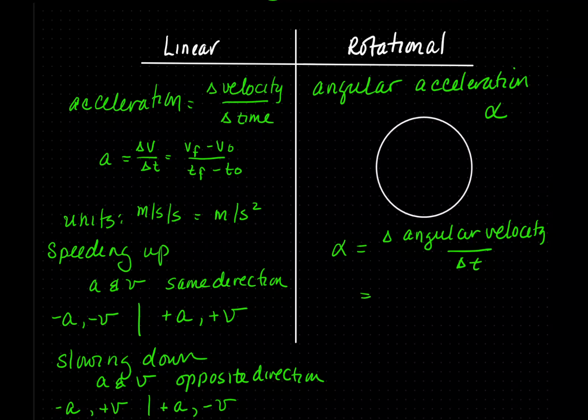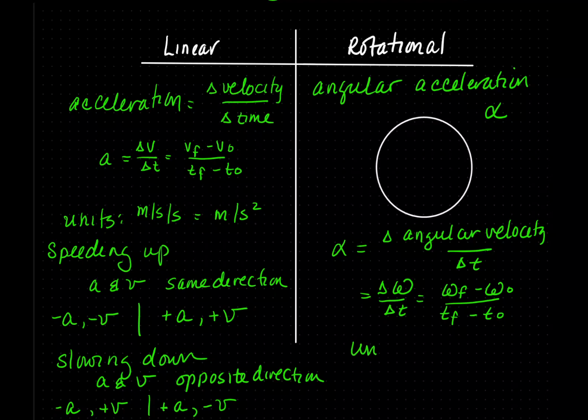Remember, angular velocity is omega, so it's delta omega over delta t, which could be expanded out as omega final minus omega initial over t final minus t initial.